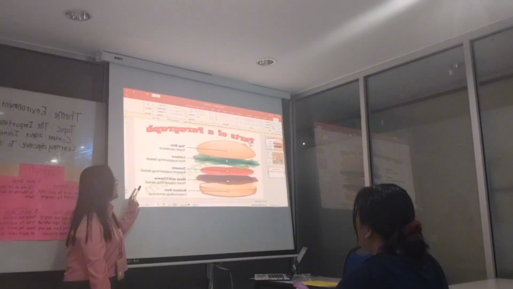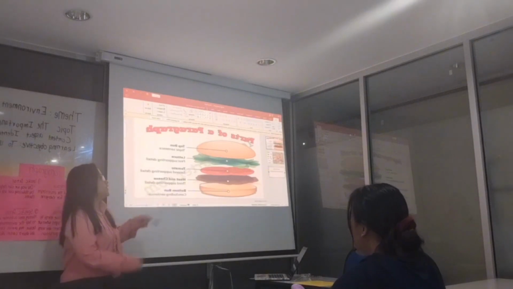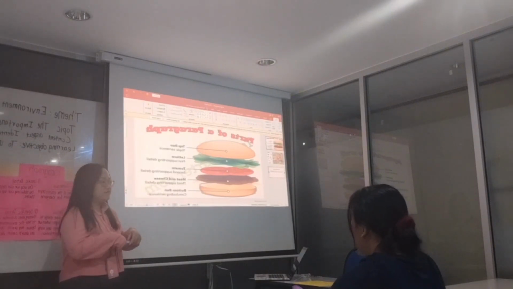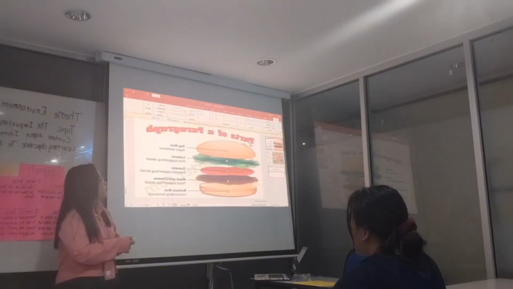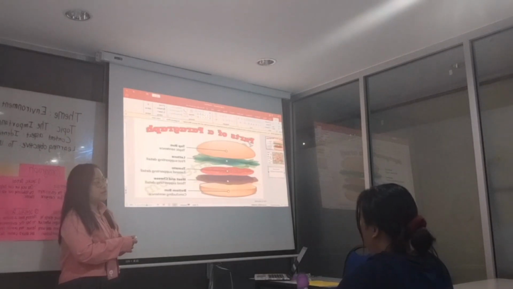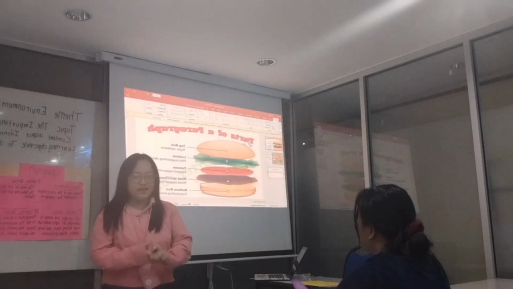After we write down the third supporting detail, we write the concluding sentence. This is a method that helps you, and I hope you can use this way to write a paragraph. Thank you, Kelly.